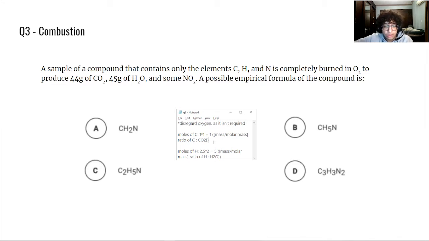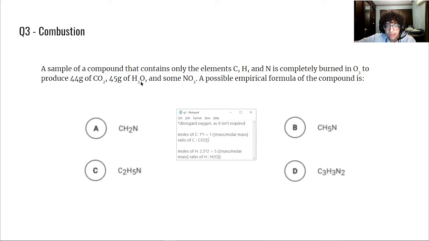We keep going to do the moles of hydrogen. We have 2.5 moles because we have 45 grams of water, and we know H2O is 18. 45 over 18 gives you 2.5. Now here is where this differs from the carbon. I said hydrogen dioxide earlier, but it's not hydrogen dioxide, it's H2O.